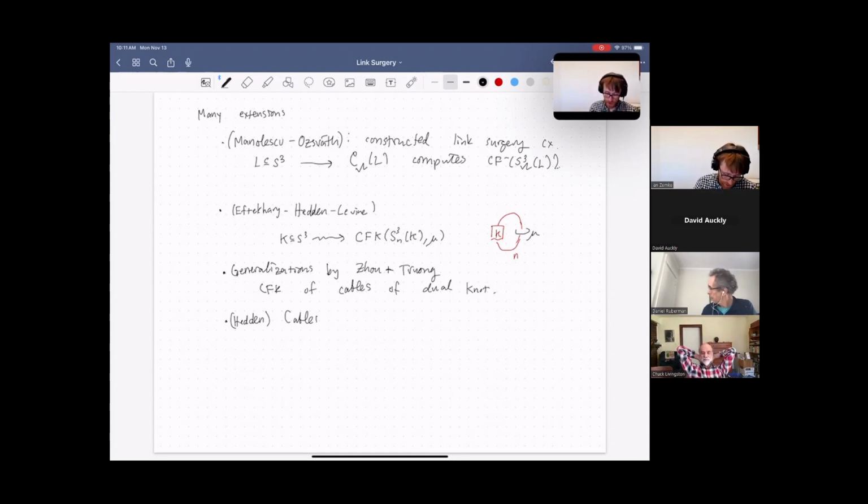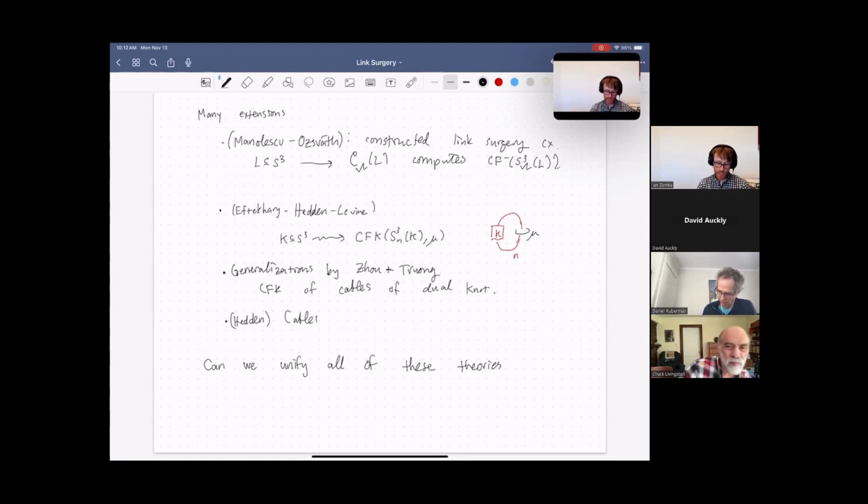And so the most natural question is, can we unify all of these theories? Can we have some sort of package that encodes the surgery formulas, with each one of these fitting under a single umbrella, which explains how each of these things arises?